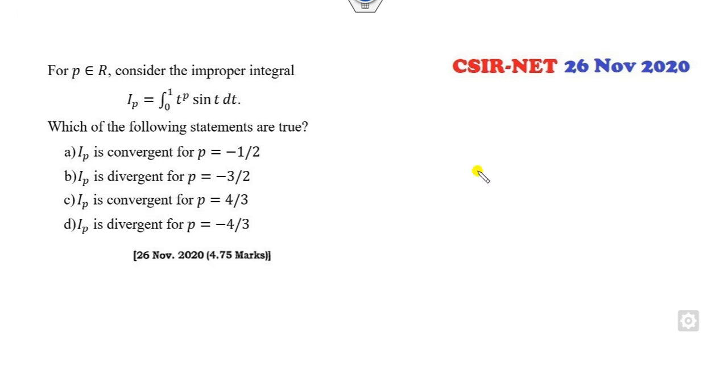Look at another one. This is a CSIR NET examination question. I_p is the integral from 0 to 1 of sin t over t to the power p dt. Now it depends upon p, whether p is less than 1 or greater than 1. First of all, we can see about that. How can you say it's convergent or divergent? Whenever it's in this form, I can write it in this way, because 0 is the point of discontinuity.